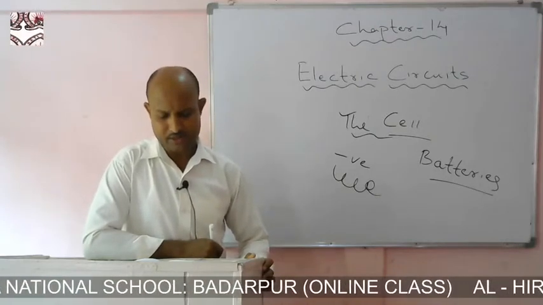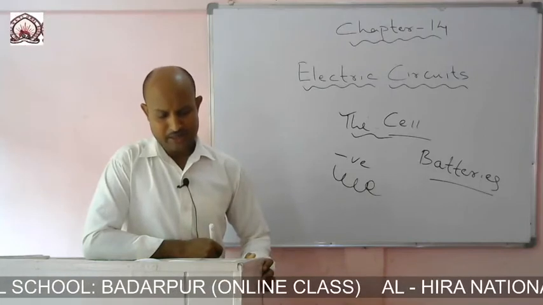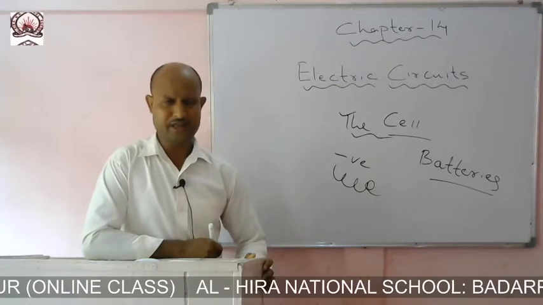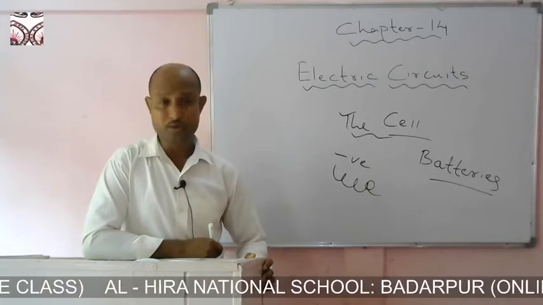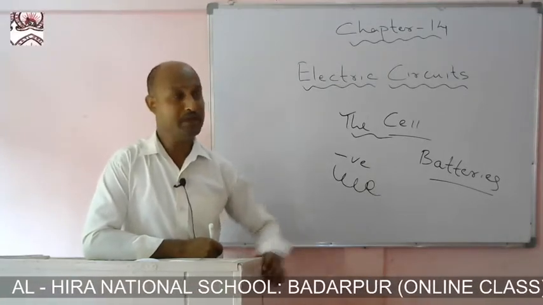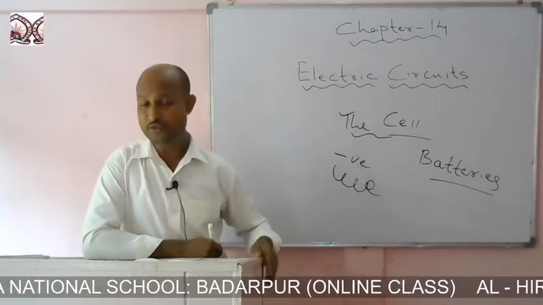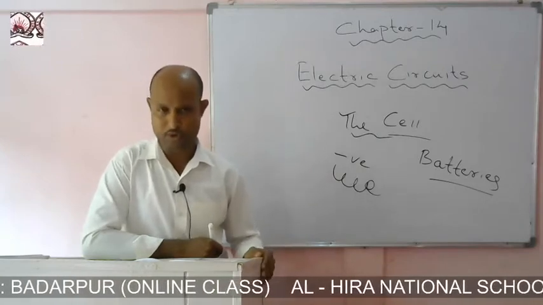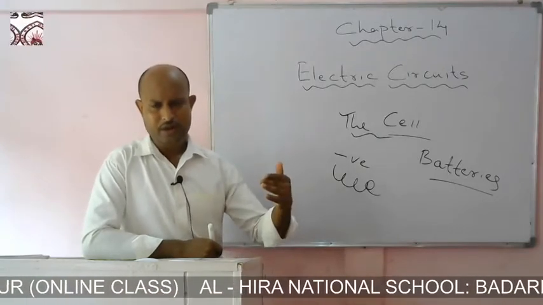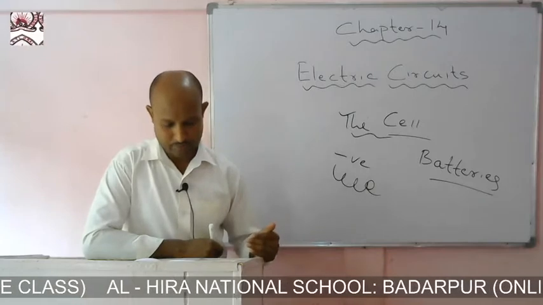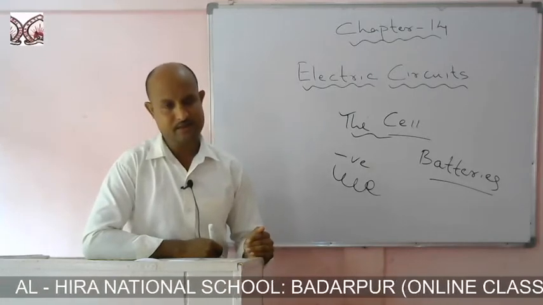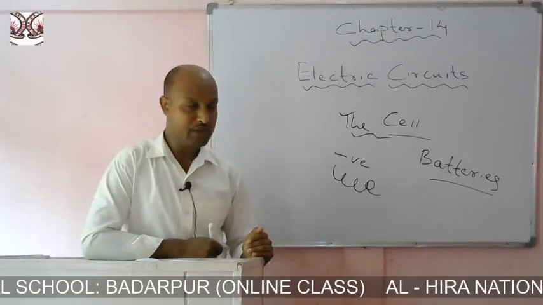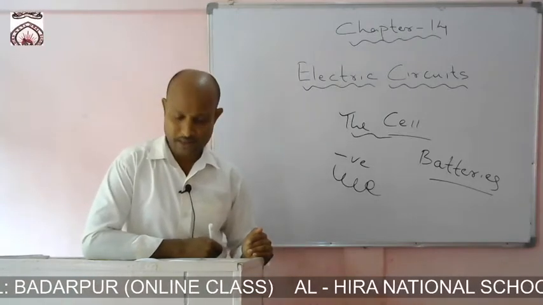The switches that you have in your homes help us a lot. When we need a fan to run, we use a switch. When we need a bulb to glow, we turn on the switch on the switchboard. So it becomes very easy for us to handle. This switch helps us to stop the flow of current and also to let the flow of current take place in the electric circuit.